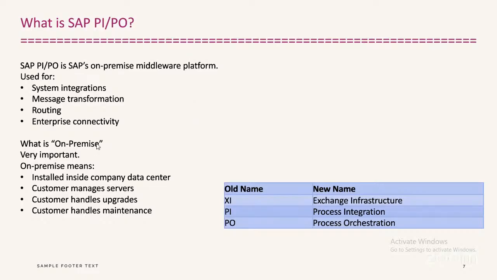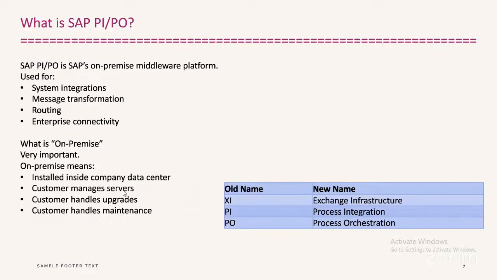We need to understand the term on-premise here. It is very important. On-premise means installation inside company data centers, the customer manages servers, and the customer handles upgrades and maintenance. All of this has to be done manually.